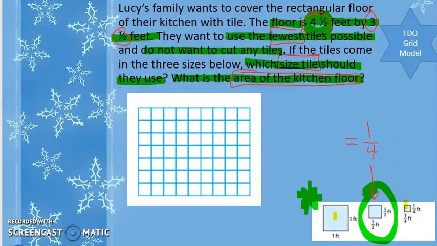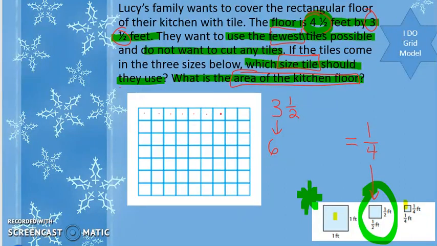Well, we're going to start with 3 1/2. We know that we have 1/2 by 1/2 feet, and if we have 3 1/2 of those, from our whole number 3, that would make 6 halves, plus 1 more half would be 7. So let's count 7. 1, 2, 3, 4, 5, 6, 7.